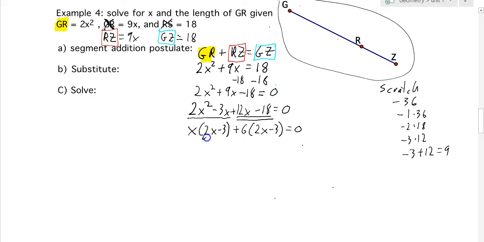So now we have the 2x minus 3's in common, and we're going to factor out that common factor using the distributive property backwards again. And we have factored. We factor so that we can use the zero product property.